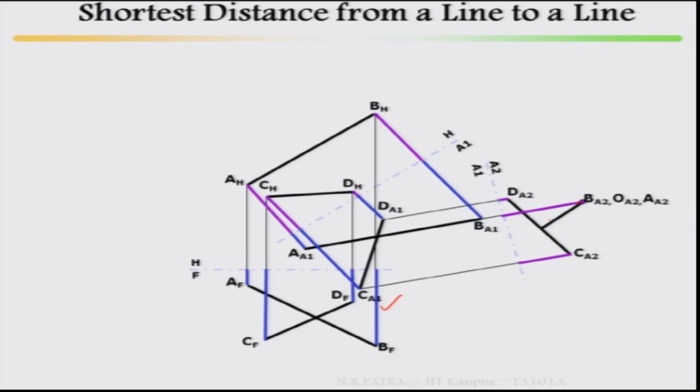So this is your shortest distance, and this is your 90 degree, this is a point P, this point P has been traced back in the two views, front view as well as top view, project it back, locate where it is on CD, then join, project it back to AB, locate it, then same thing you project it back to CD, then from there again you project it back to AB, then join.